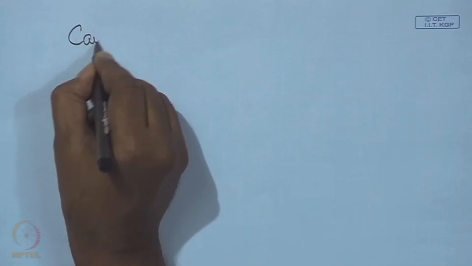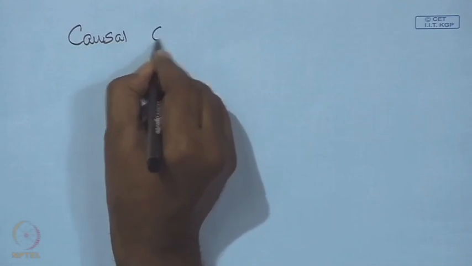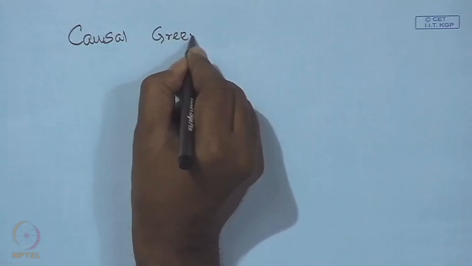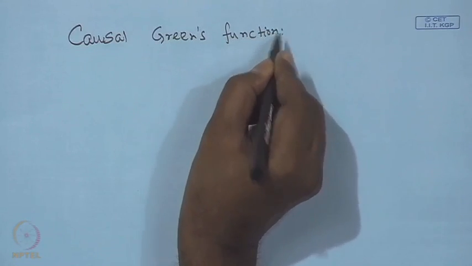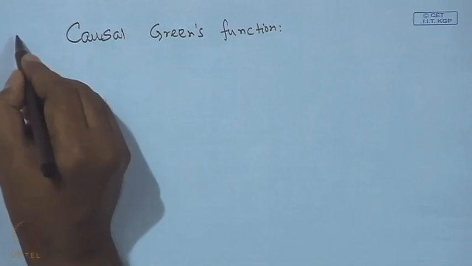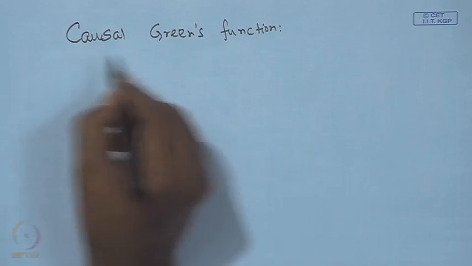Now, let us look into the different steps of how one can get the causal Green's function. Construction of causal Green's function.